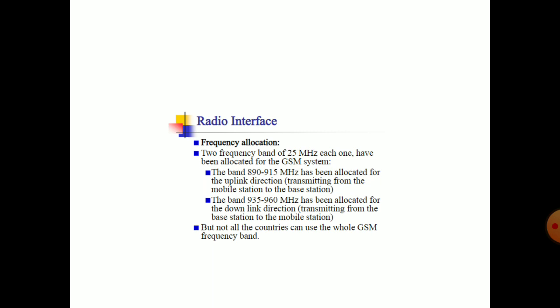For the uplink, 890 to 915 megahertz has been allocated, mainly for transmitting from the mobile station to the base station. The downlink is from the base station to the mobile station, and the bandwidth allocated is 935 to 960 megahertz. But not all countries can use the whole GSM frequency band.